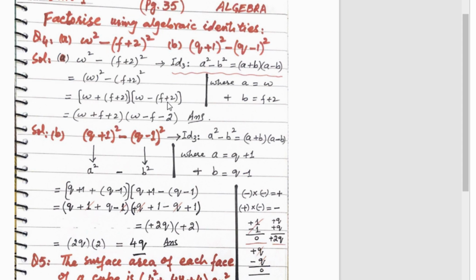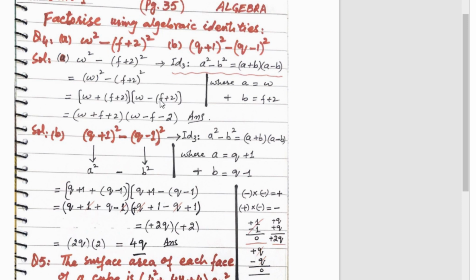That is why I have put the second factor inside the brackets, because it involves signs in it, and a negative sign always changes the signs of all the terms which are present inside the bracket.